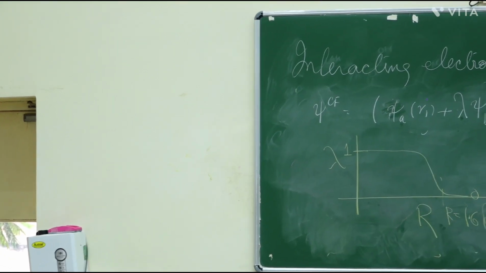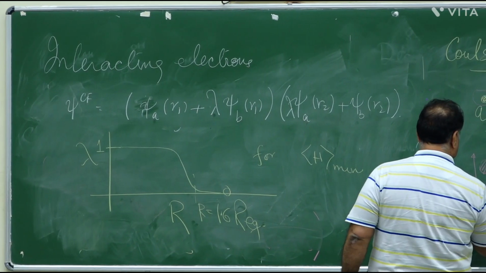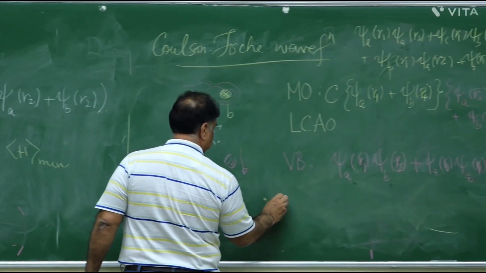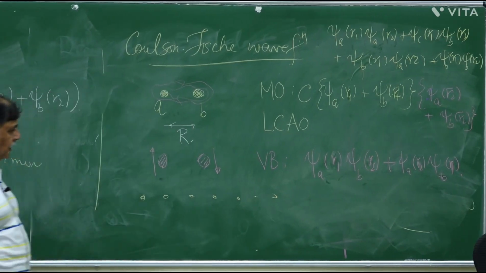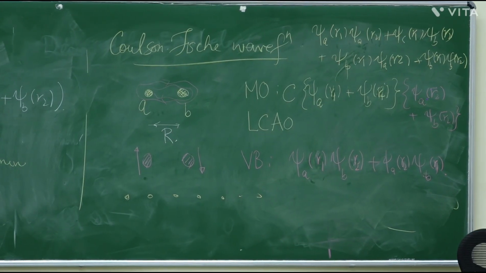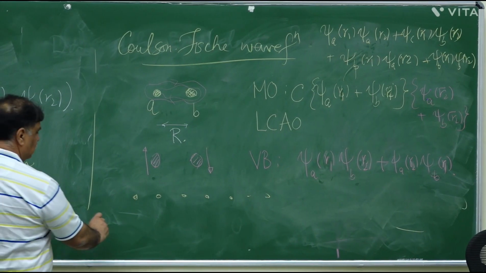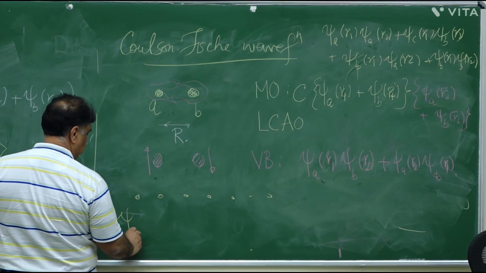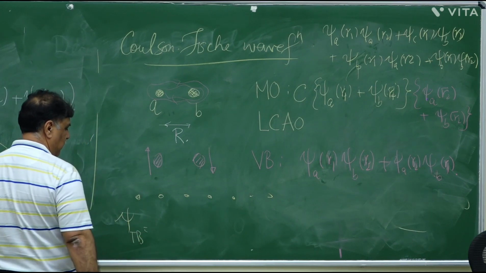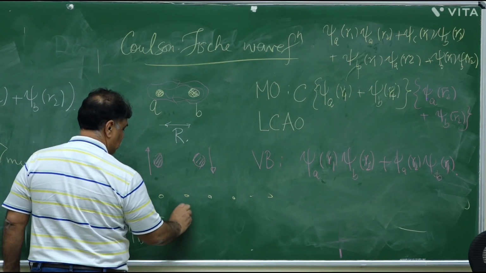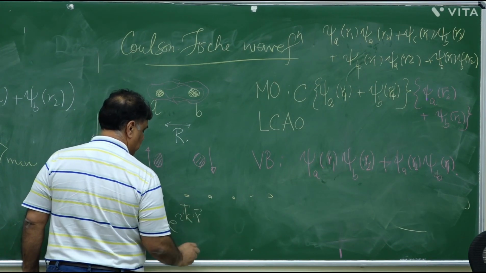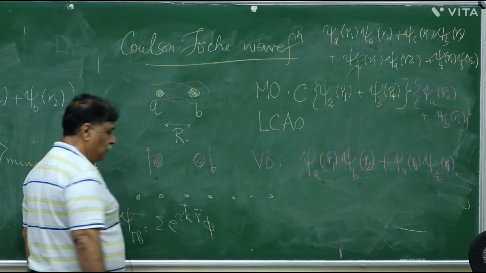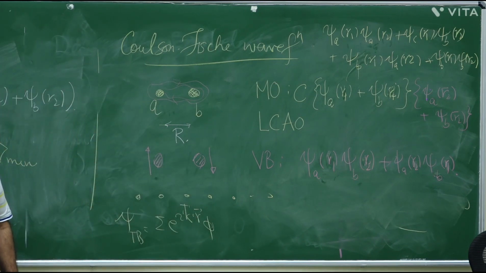And this you can now extend if I go to a multi-center thing. In tight binding, I can write the wave function as a summation of e raised to i k dot r phi, which is a delocalized wave function.